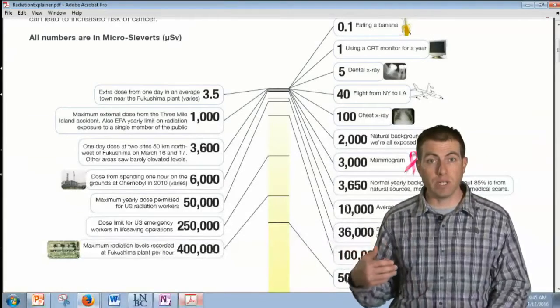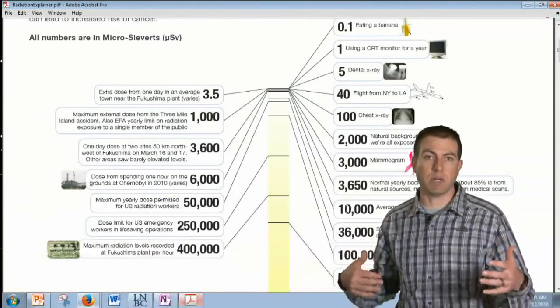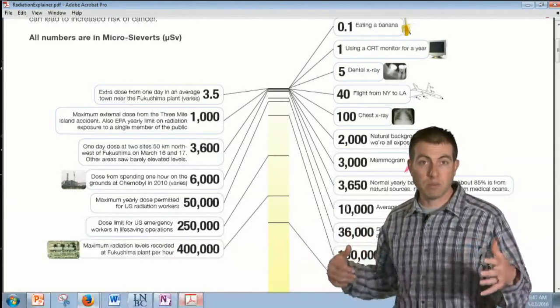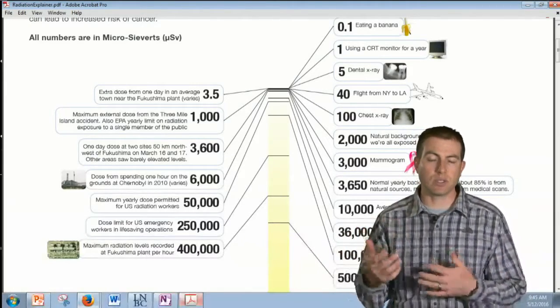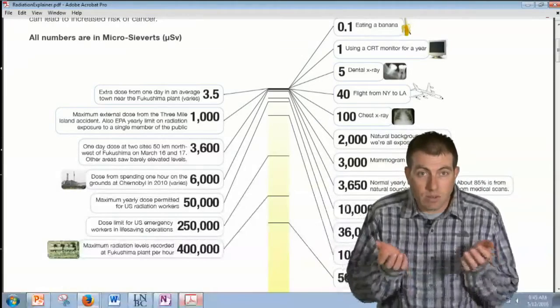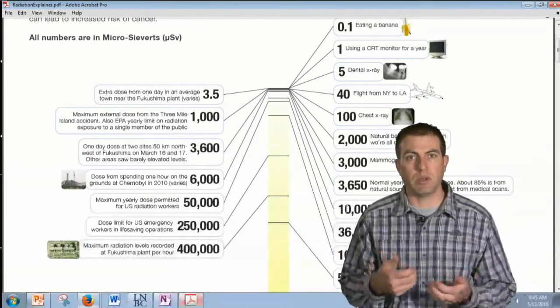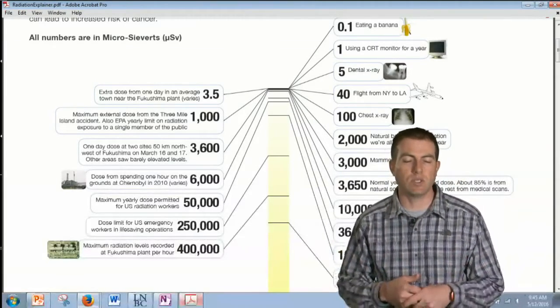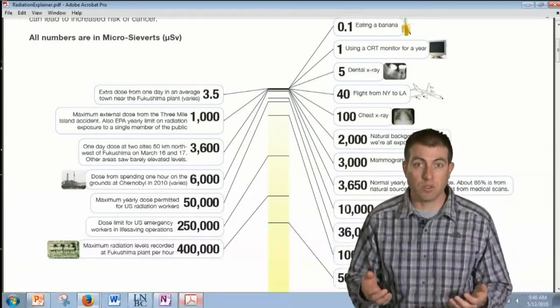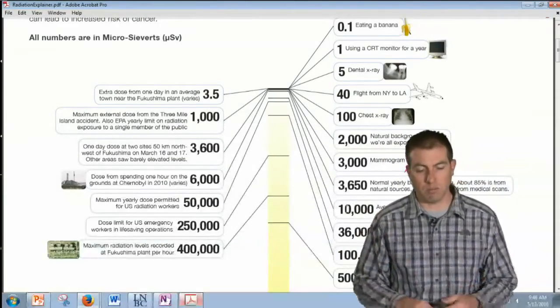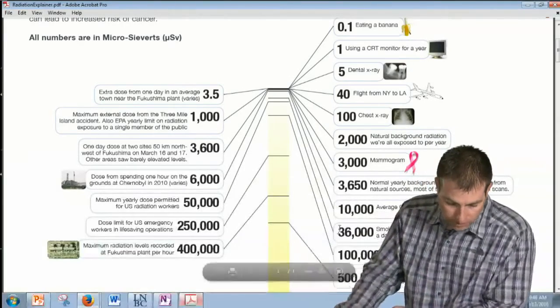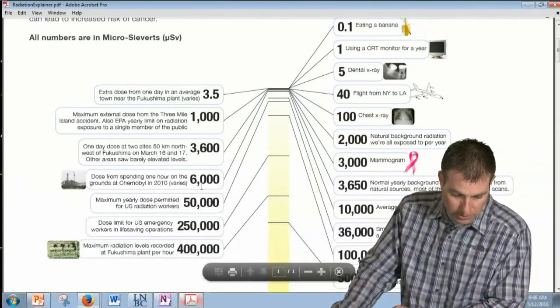If you're standing 4 meters away, the strength goes down by 16. If you're standing 5 meters away, it goes down by 25. So it's the inverse square principle. If you're standing right next to the microwave, you might receive a little bit of microwave radiation, which isn't going to do you a lot of harm. But as soon as you step away from it, the amount you're receiving goes down really quickly. All right. Let's get to some of the scary stuff here.